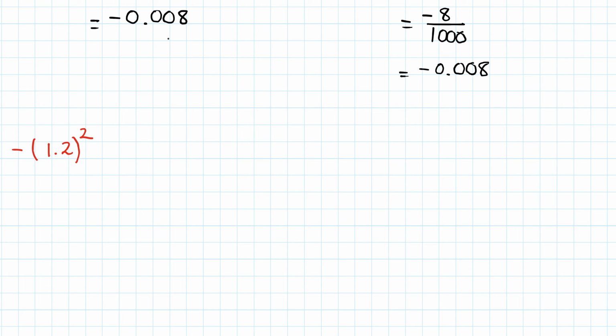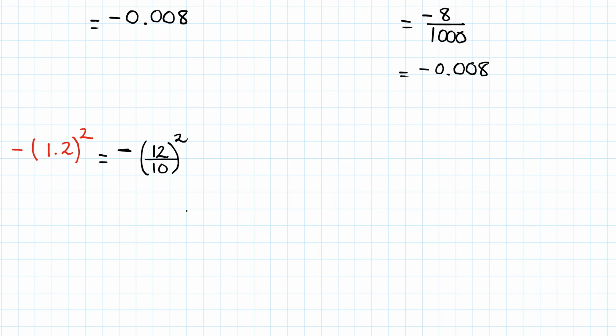That means that the first thing that I'm solving, so my answer is going to be negative. Why? Because the negative is outside of the square. So negative times what I'm going to solve inside, okay? And what I'm going to solve inside is going to be, how do I write this one as a fraction? So it's 12 over 10, and this is a square, agree?